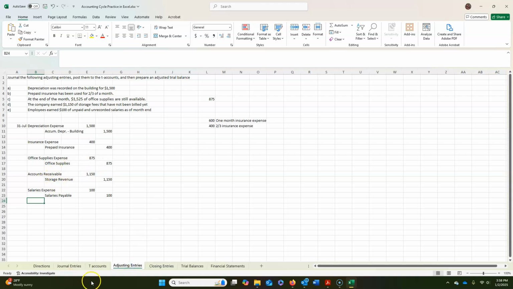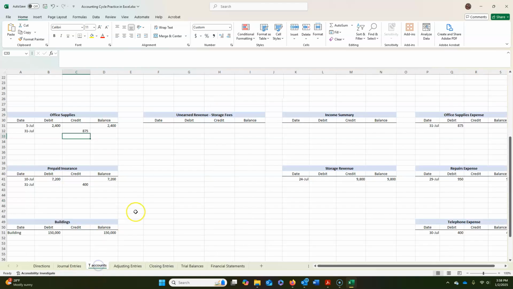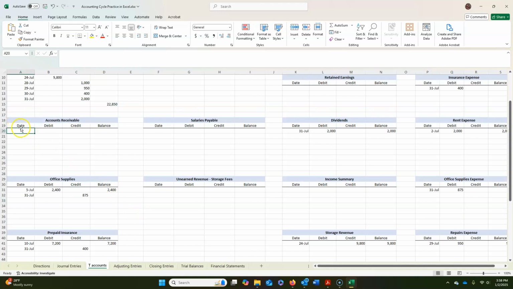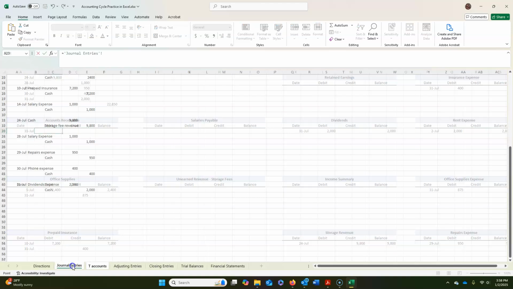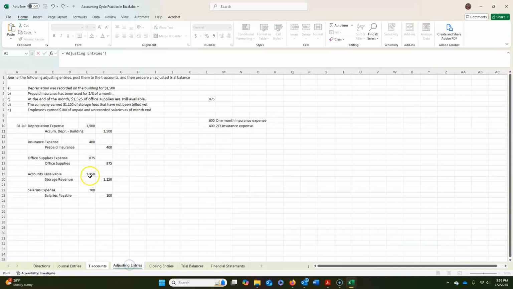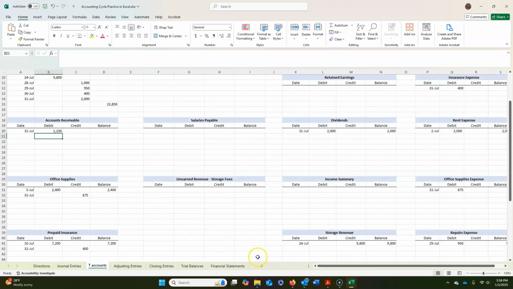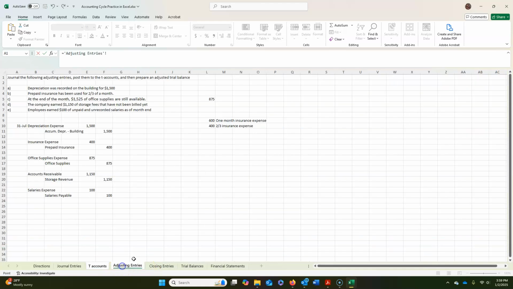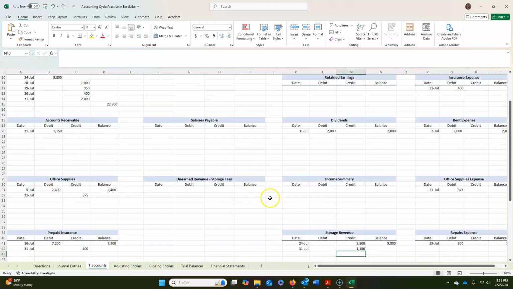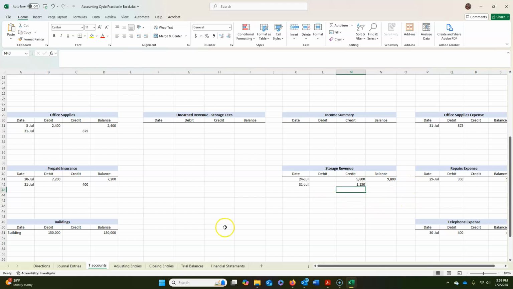Next, we have this accounts receivable and storage revenue. So we're going to go, it's July 31st, and we're going to debit accounts receivable for $1,150, and we're going to credit storage revenue for $1,150.